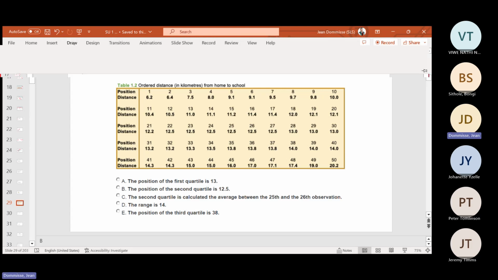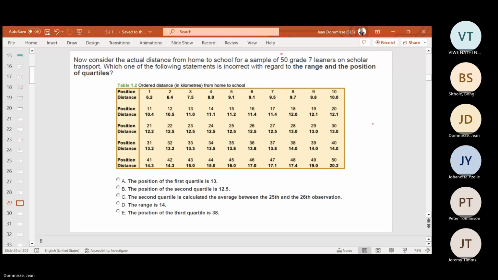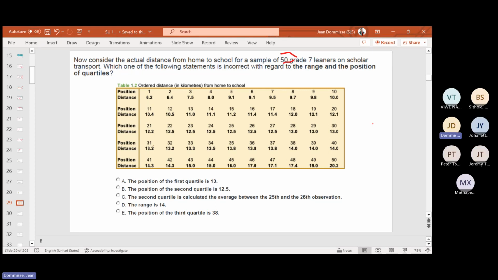They tell us in this data set there are 50 learners, so we know that n is 50, and then they ask us a few things around this data set.